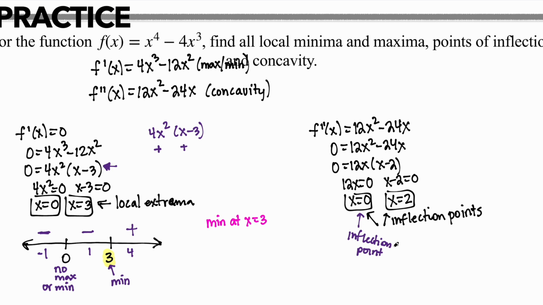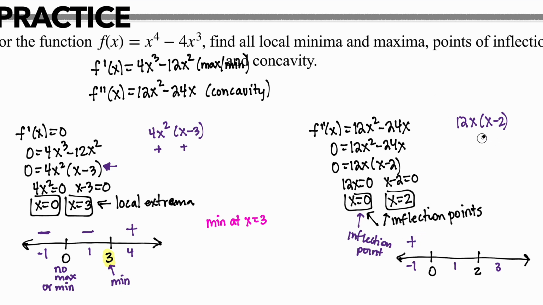Now I'm going to go over and find out my concavity. So I have 0 and I have 2. So I'm going to plug in -1, 1, and I'm going to plug in 3. And I'm going to use the 12x times x minus 2. So when I plug in a -1, I'll get a negative times a negative, which is positive.